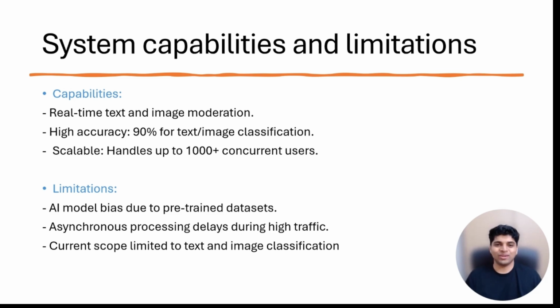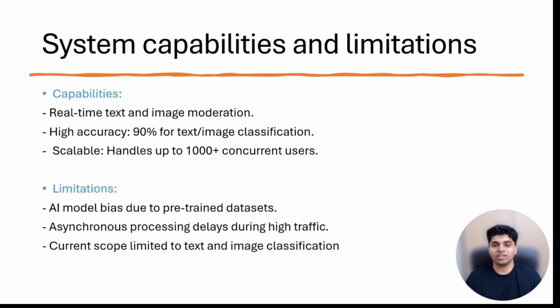Hello, my name is Mayur Dalvi. So, coming to our system capabilities and limitations, our system offers real-time text and image moderation with almost 90% accuracy. It is scalable to support 1,000 plus concurrent users at a time.